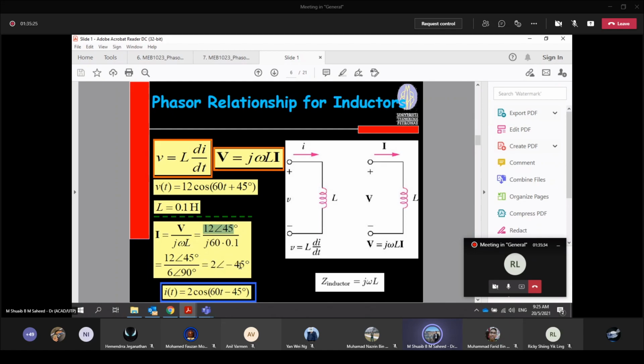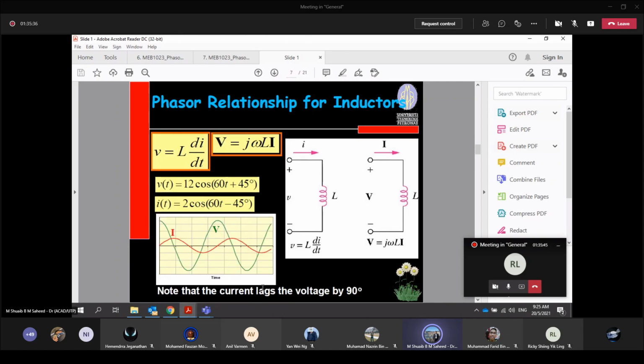So if you want to find what's the current flowing through your inductor, this will be the one: 2 cos(60t minus 45 degree). So you have your v(t) as 12 cos(60t plus 45), and you have your i(t) as 2 cos(60t minus 45).